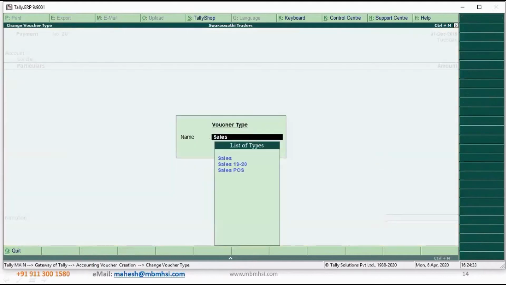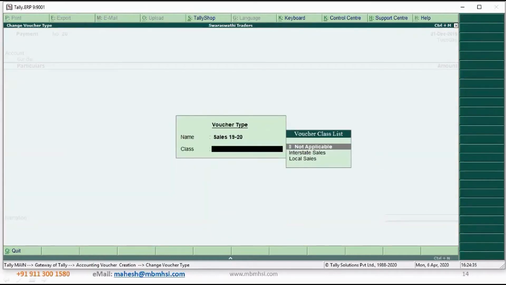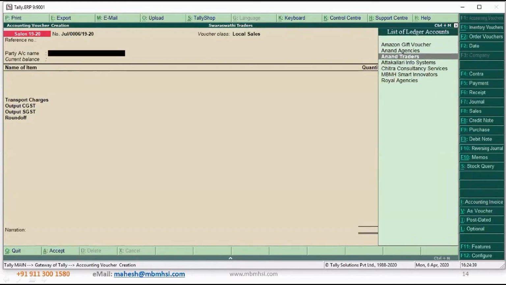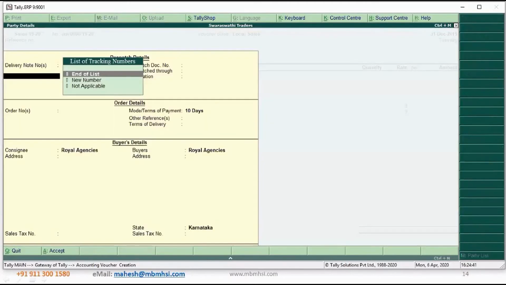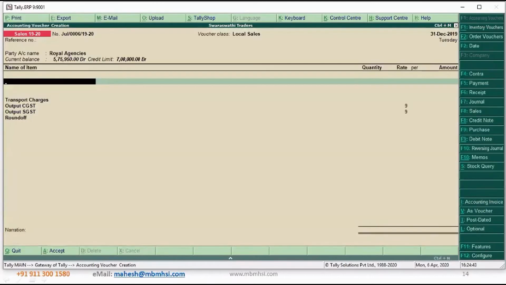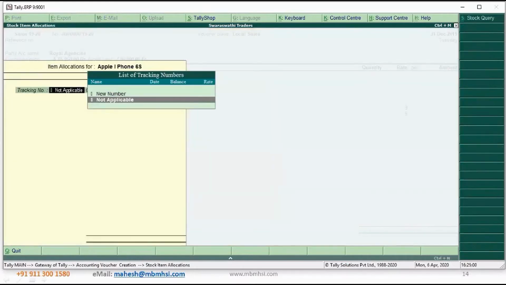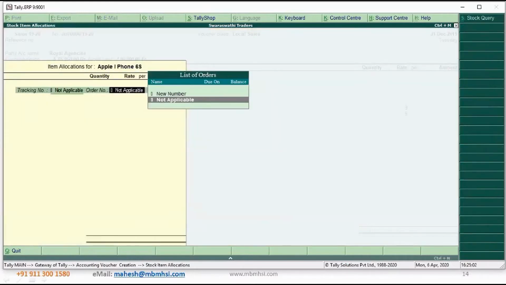F8 is sales, local sales, Royal agencies. Okay, so 10 days of credit, Apple phone. Here I have 5,75,000 rupees as the current balance and 7 lakh as credit limit. So I still have around 1.25 lakhs that I could use from this credit.